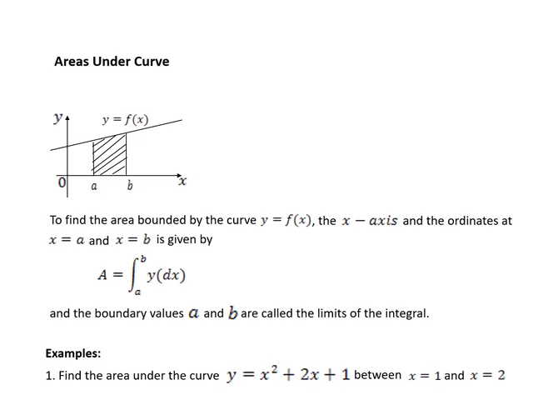To explain this further, the area bounded by the curve y equal to f of x, the x-axis and the ordinates at x equal to a and x equal to b is given by A equal to the integral of y dx. That is, the boundary value is given, which is from a to b.